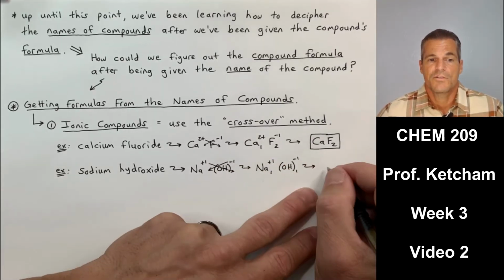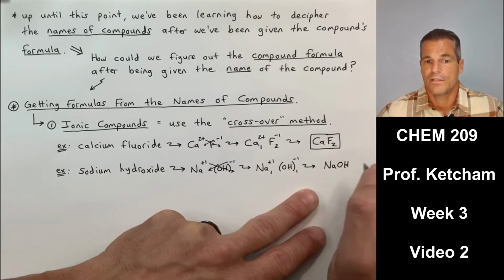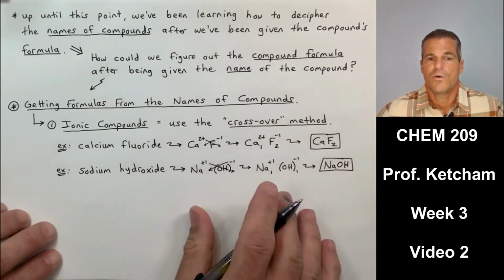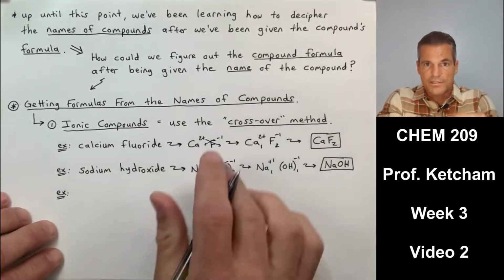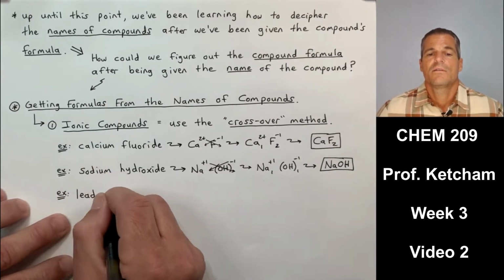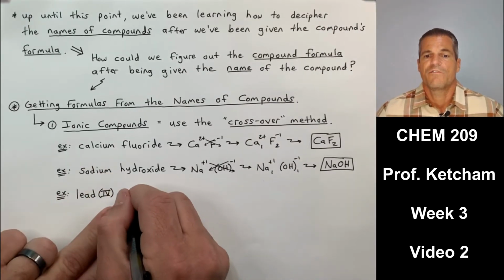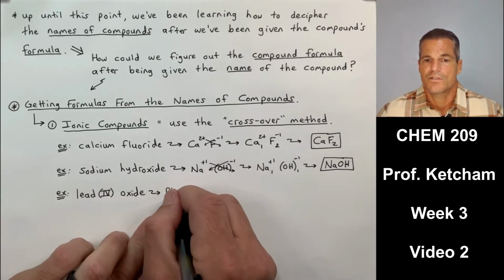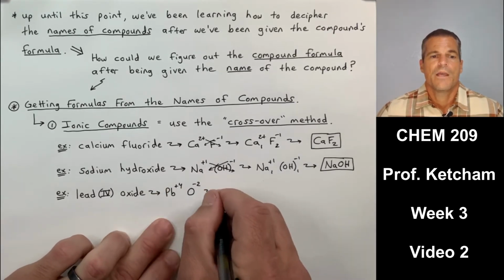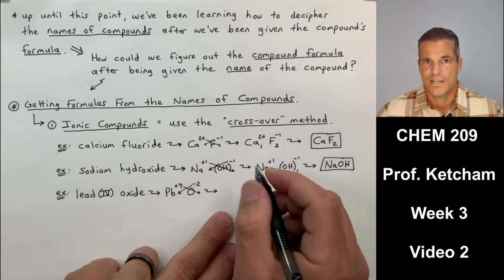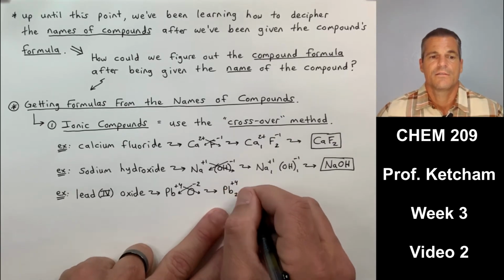For sodium hydroxide, we have Na+1 lined up next to an OH-1, we cross the plus and minus 1s down. We clean things up, and then our final box becomes NaOH. All right? Now, we're not transferring down the negative sign of the charge for the anions.